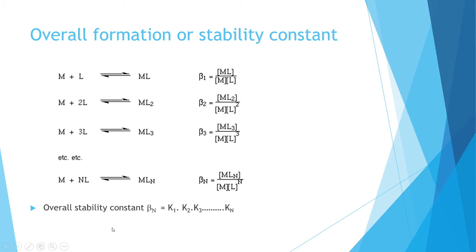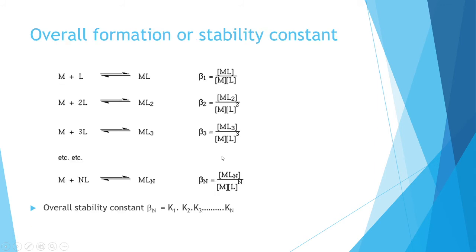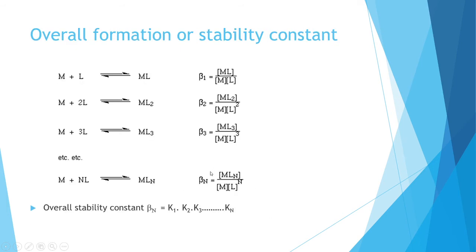So when we multiply K1, K2, K3, Kn, and cancel the same terms, we will get beta n equal to MLn divided by M into L raised to n. That is, beta n equals K1 into K2 into K3 into Kn. So when we multiply the values of K1, K2, K3 and so on from these steps, we get this value.